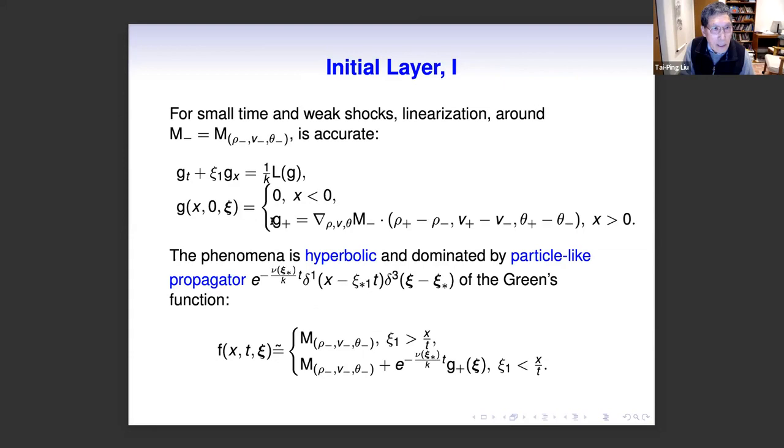And so the initial data, if I linearize around the n minus, then it will be 0 on the left, and the right will be just a linearization of n plus minus n minus here, which I call G plus here.